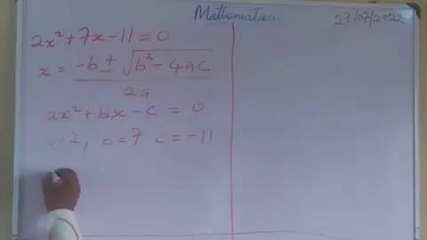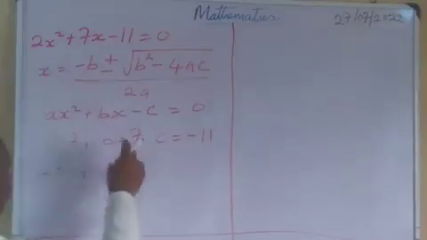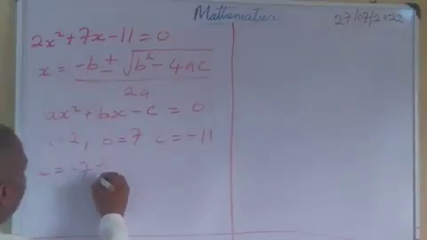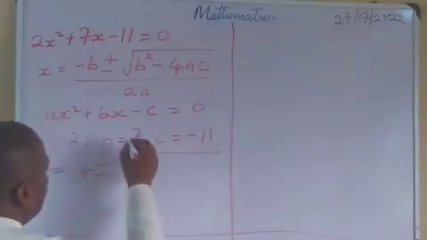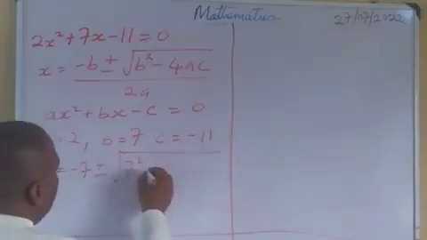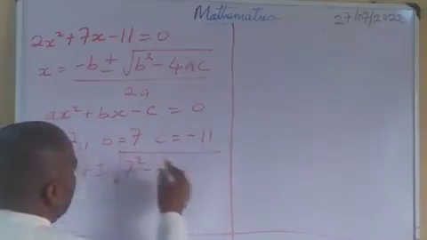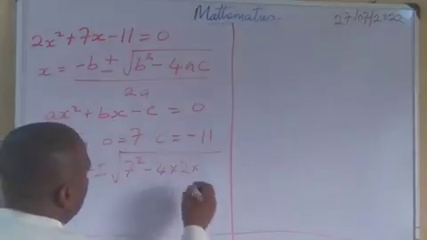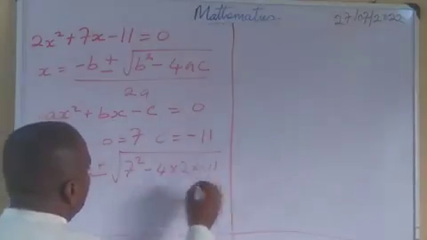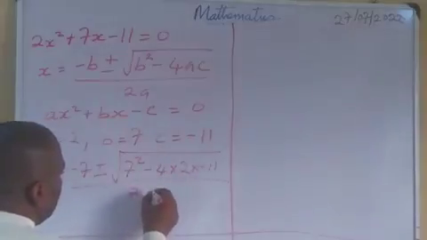Therefore, x equals minus 7, because b is 7. Minus 7 plus or minus square root of 7 squared minus 4 times a, which is 2, times c, which is minus 11, all over 2 times a, which is 2 times 2.